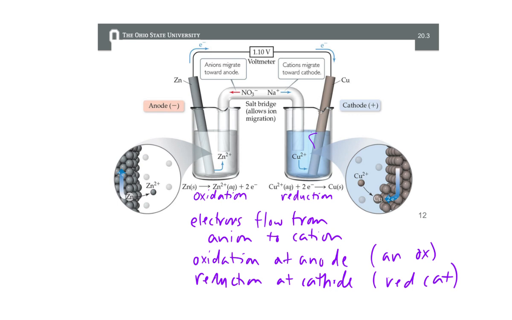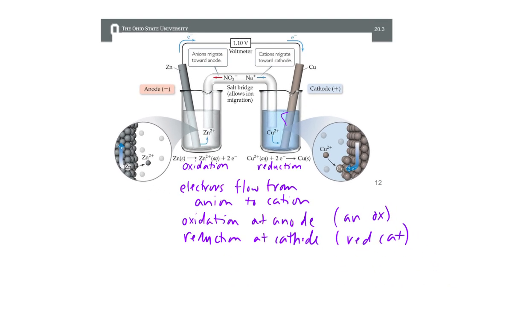Okay, so you're able to put a thin layer of metal on another piece of metal through a process very similar to this. Okay. Questions on this type of galvanic cell?